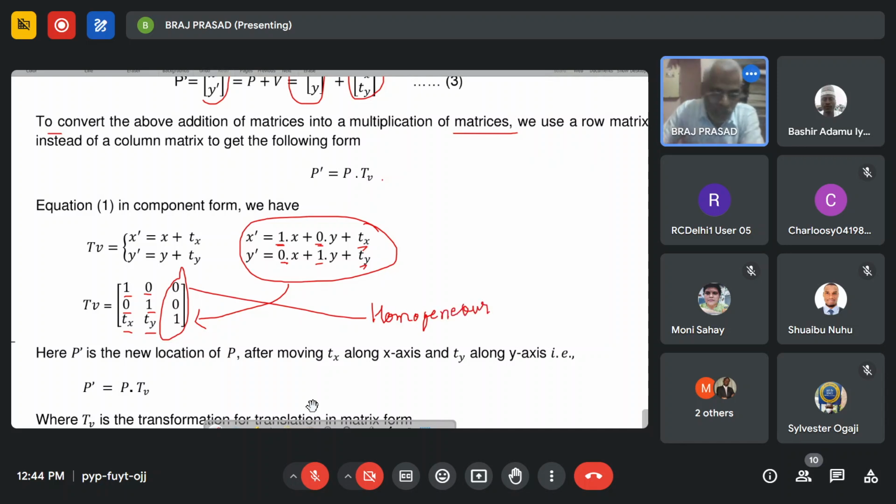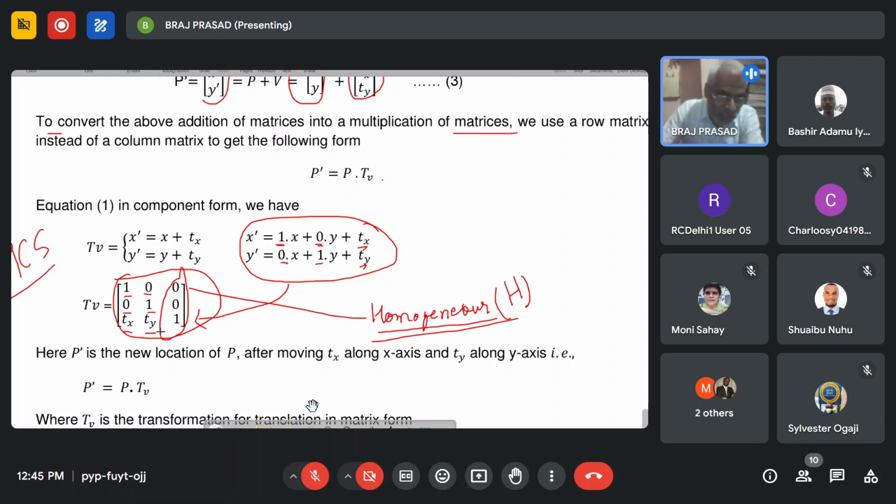So in 2D, we add one more column, that is called the homogeneous column, and denoted by capital H. After adding this homogeneous coordinate, we can say this notation is in HCS form, the homogeneous coordinate system.